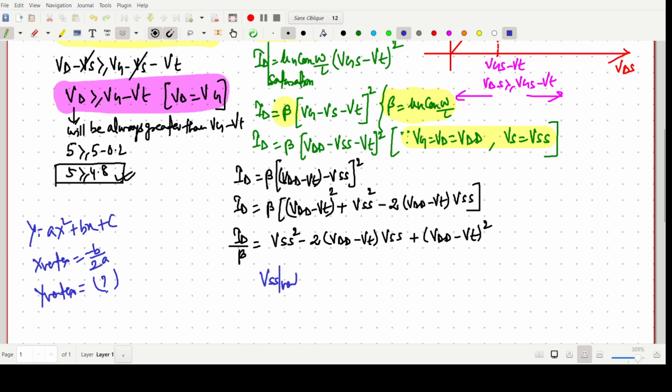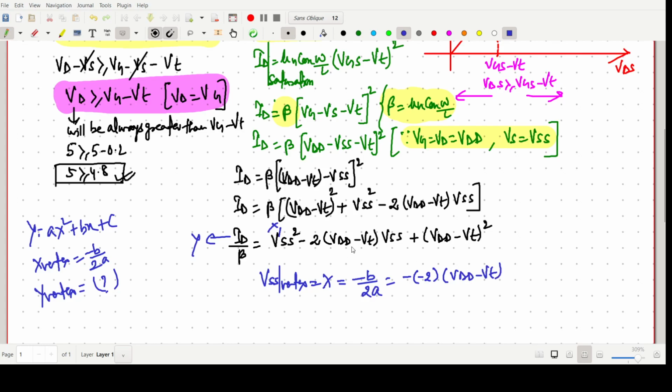So here, instead of x, this one is nothing but simply y, and this one x. The VSS vertex, or we can write x, is nothing but simply minus b by 2a. The b term is minus 2 (VDD minus VT).